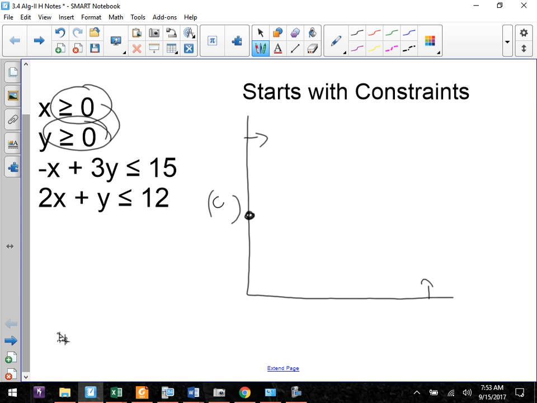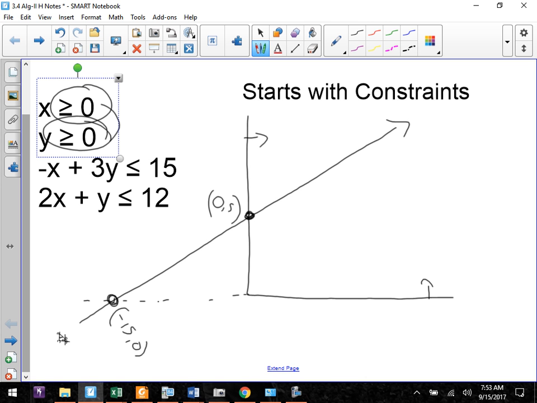And I put the ordered pair in at 0, 5. I do the other thing, and it tells me my x-intercept is where? At negative 15. Now, I know negative 15 is going to be beyond my graph, so what's going to happen is it's going to do this. Are we okay with that?